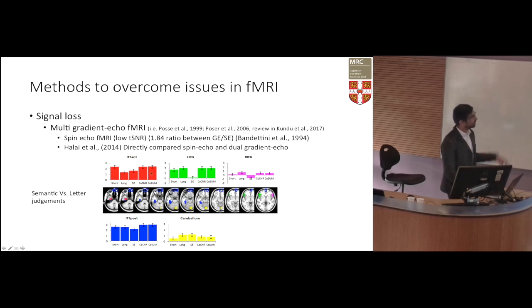So in all parts of the brain, the dual echo was significantly higher than the spin echo. And importantly, in the left inferior frontal gyrus, we didn't find any activity for spin echo sequences, but we did for the gradient echo sequence. So this plays out to the fact that the spin echo sequence is a bit insensitive because it probably is underpowered.